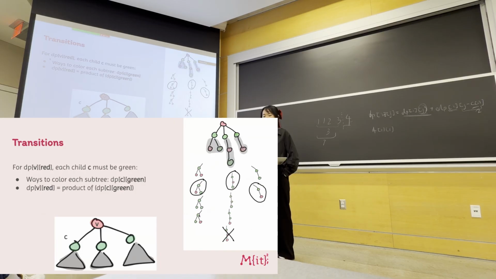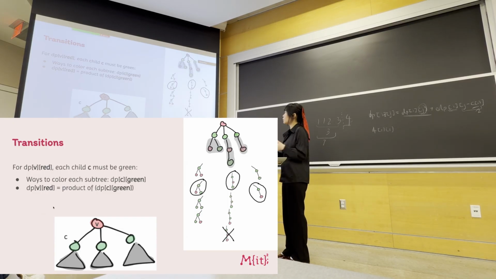Given the subtree V, for DP[V][red], each of its children, which we can denote C, has to be green. And so note that the ways to color each subtree would be DP[C][green], which represents the ways to make it green. As a result, DP[V][red] would be the product over each child of the number of ways to make it green.